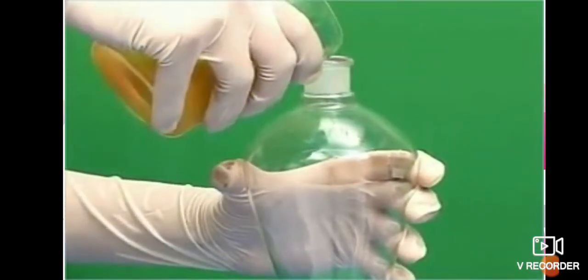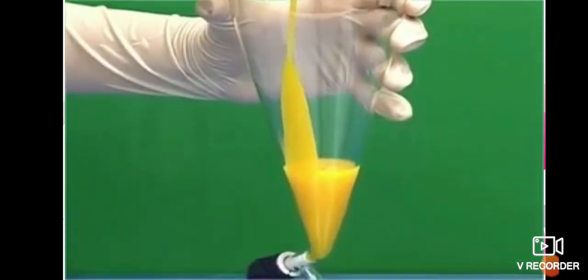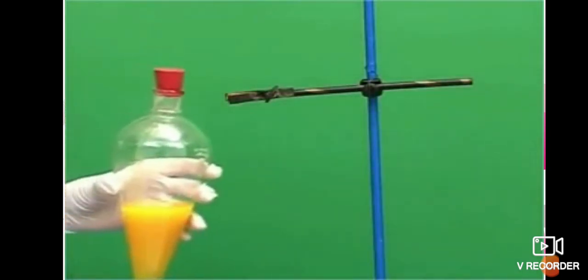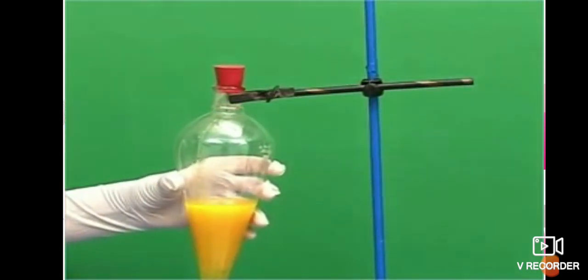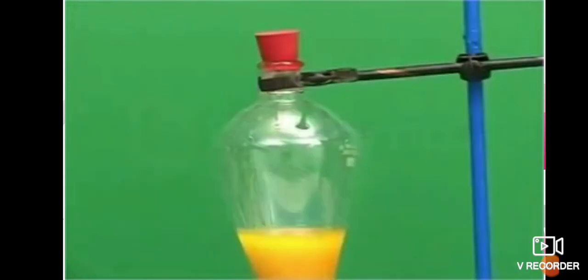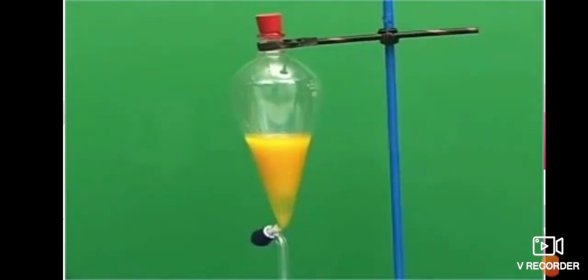Take the separating funnel and fill the mixture of oil and water in it. Fix the separating funnel in the clamp stand and keep it undisturbed for some time so that separate layers of oil and water are formed.